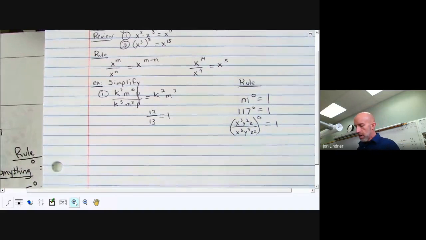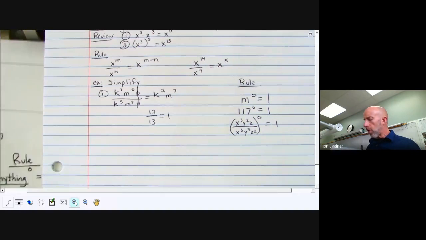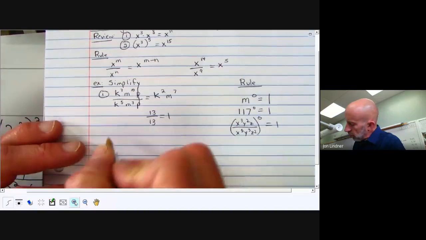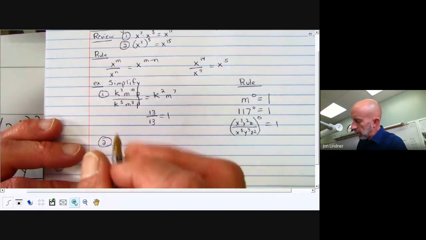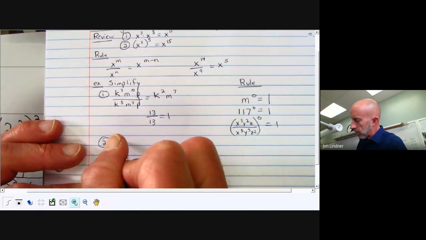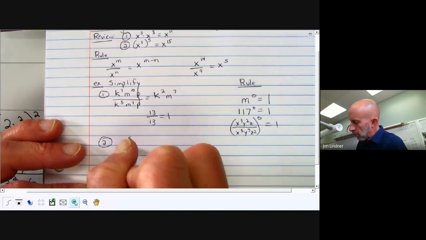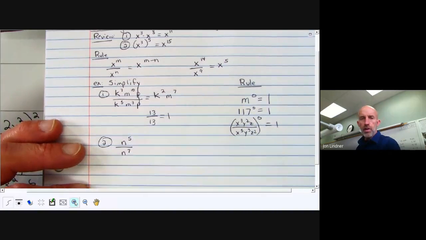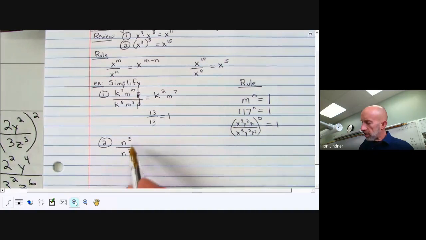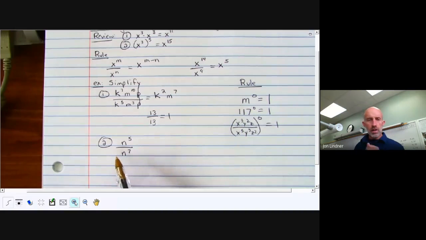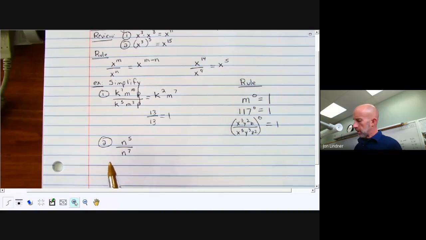All right. So what about this situation? And this is going to lead us into negative exponents. What if I have n to the 5th over n to the 7th? Well, if I subtract top minus bottom, 5 minus 7 is negative 2.